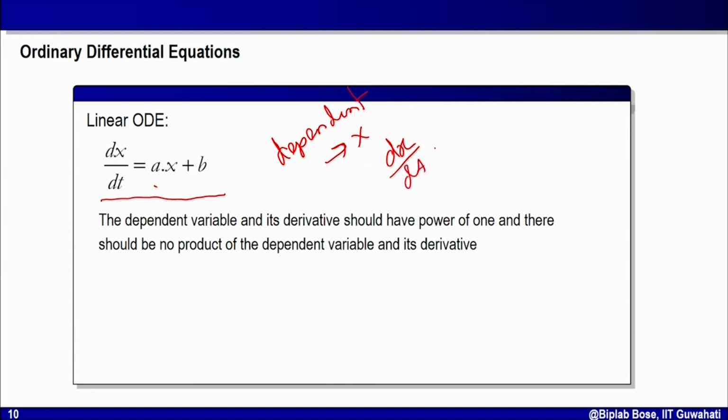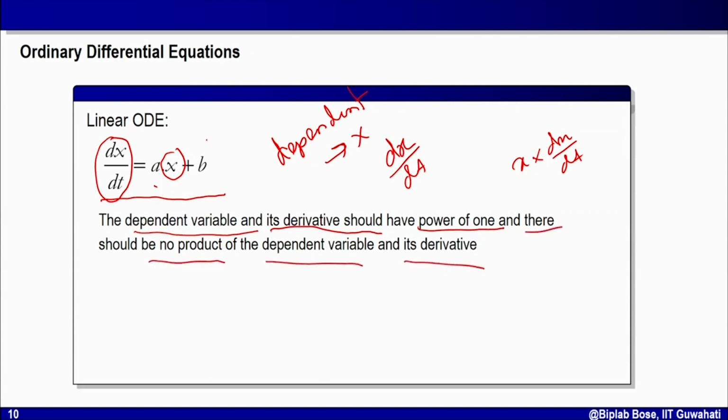The power of x is 1 here, and there is no power higher than 1 for dx dt also, and there is no product of x and dx dt. So as these two conditions are met, that the dependent variable and its derivative have power 1, and there is no product of the dependent variable and its derivative, this particular ordinary differential equation is a linear ODE.